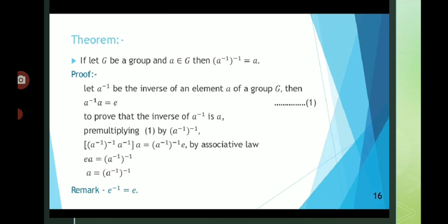EA is A. So A is equal to A inverse whole inverse. So in a group G, A inverse whole inverse is A. This is also another important theorem.